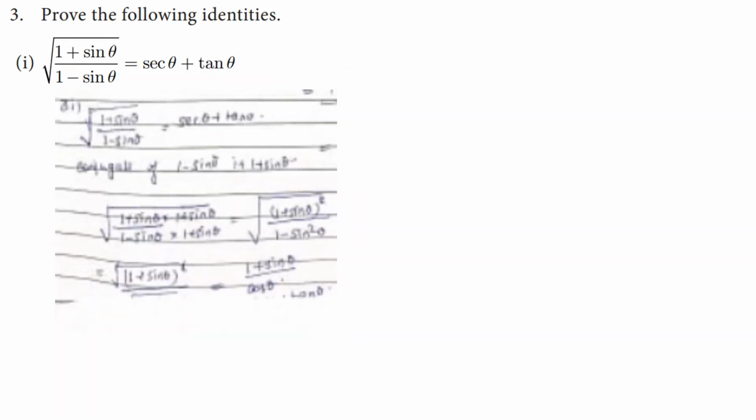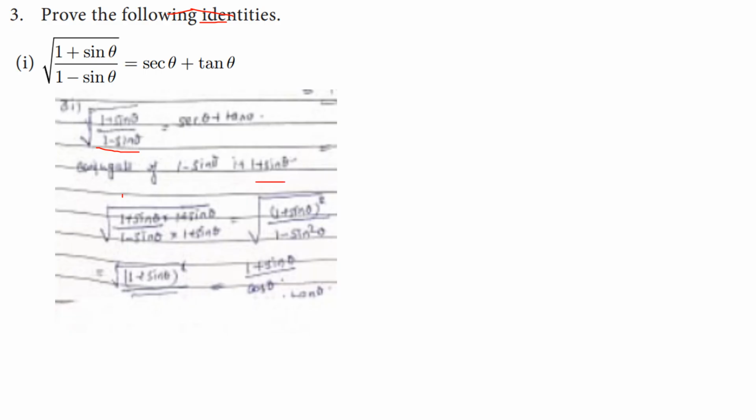Next one, prove the identities. Square root of 1 plus sin theta by 1 minus sin theta. So here already we did in the previous sum that the denominator 1 minus sin theta is there. What is the conjugate of 1 minus sin theta? That is 1 plus sin theta.